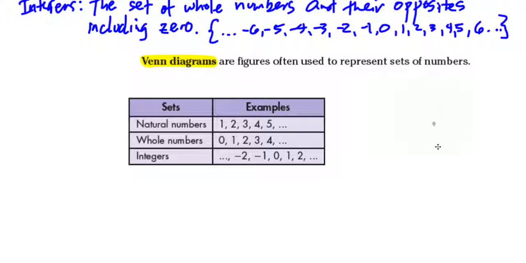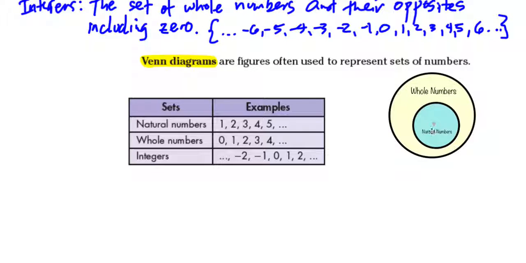Let's take a look at this Venn diagram and see how this works. You have your set of natural numbers, 1, 2, 3, 4, 5. Then you have a set of whole numbers, including the set of natural numbers, and your integers include both of them.